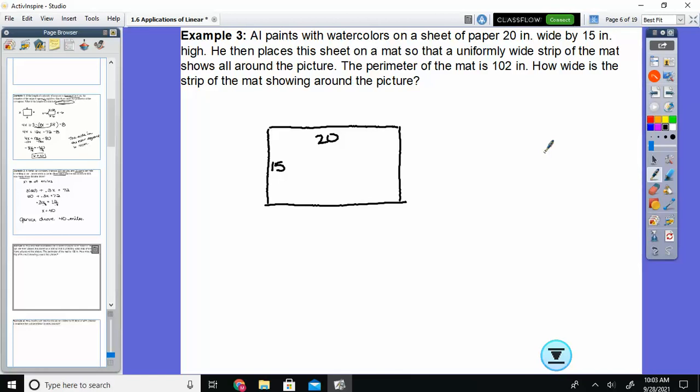What does that mean? Shows the same amount. Yes. You are taking that picture and putting something behind it. The mat goes behind it, and there's the same amount showing on all sides. So I have a second rectangle behind this one. So it's going to be bigger.